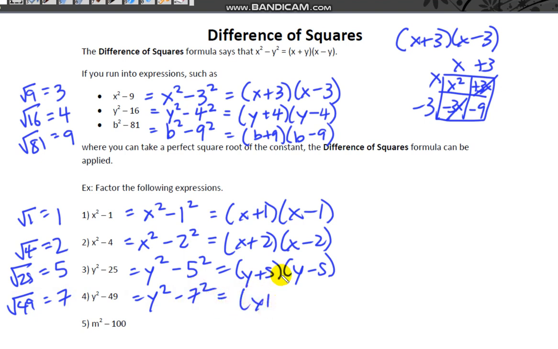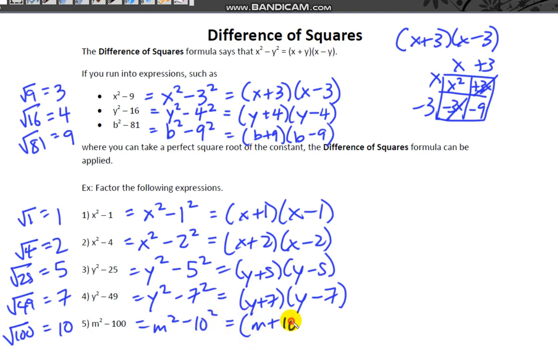So this is going to be y plus 7 times y minus 7. This one, square root of 100 is 10. This is m squared minus 10 squared. So this is m plus 10 times m minus 10.